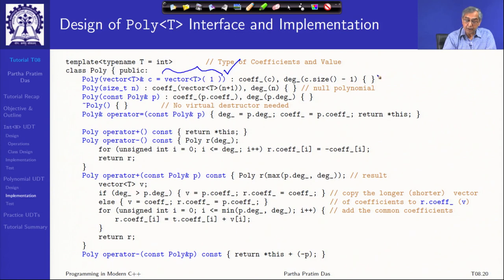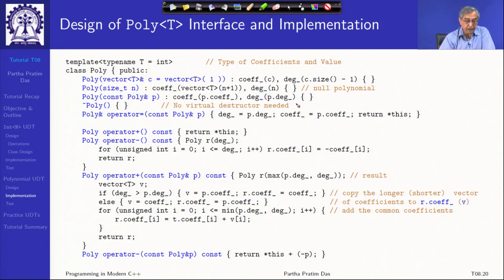So, this is your default as well as parametric constructor, or the polynomial may just take the degree n and build the polynomial, which is a null polynomial. So, you put n to degree and make a coefficient vector of n plus 1. If you do that, then naturally all coefficients are 0. So, you get a null polynomial of nth degree.